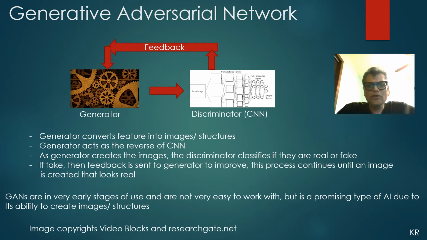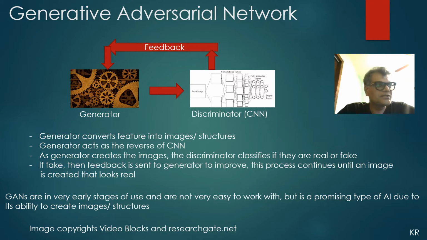Now let's talk about one more type of algorithm or neural network that is being experimented with, with a long way to go. However, it's showing some promise. This is called a generative adversarial network. This kind of algorithm has two parts: one is a generator and one is a discriminator.